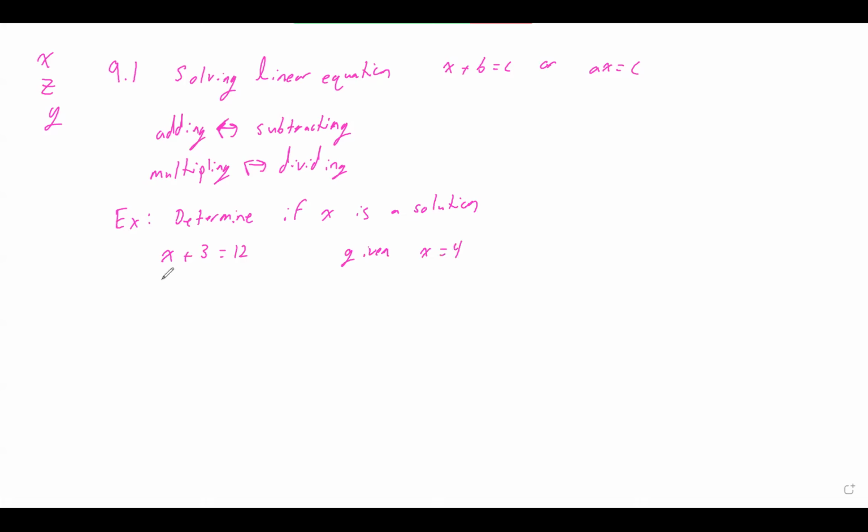Determine if this is a solution or not. You just take this value and replace the x with it. Does 4 plus 3, what does that give me? 7, which is not 12. So this would be a no. That's the very first part of your homework. You're not having to solve it, you're having to evaluate.